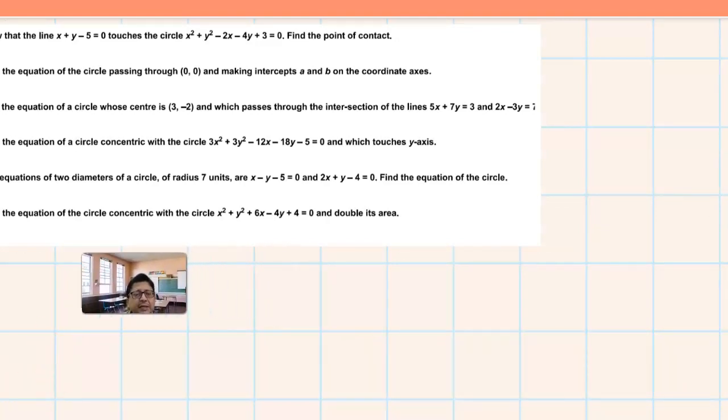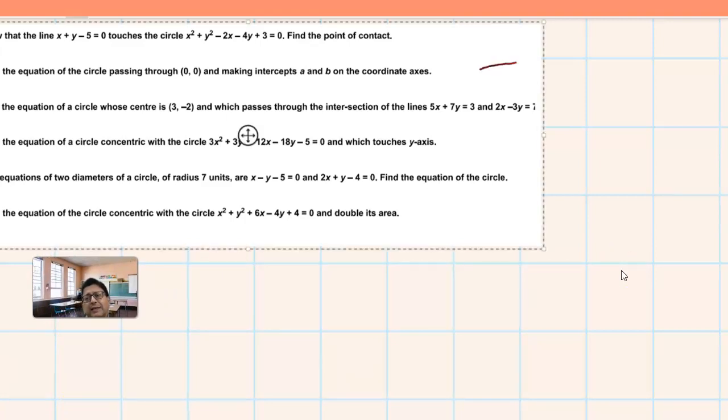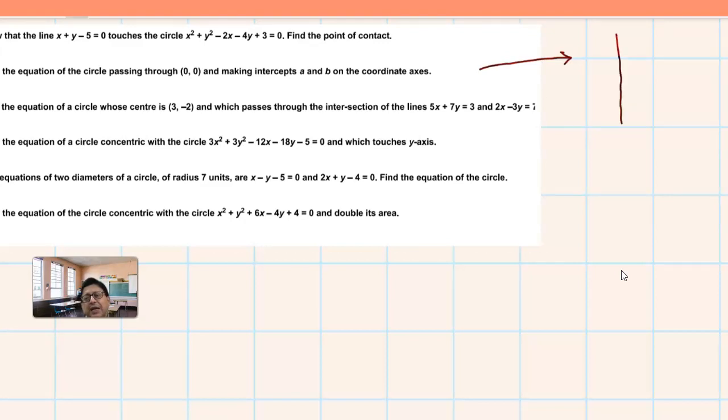So let us see what form the circle takes when you draw it. It passes through the origin, this is one condition, and its intercepts on the coordinate axes are A and B. So suppose this part is A, this part is B.